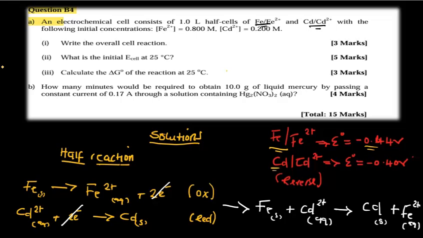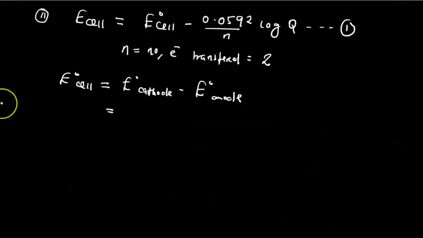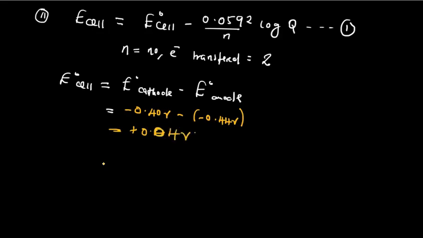So the standard potential for reduction, which is the cathode, is negative 0.40 V minus negative 0.44 V. So when we add, we are expected to get positive 0.04 volts. So this is our Ecell at standard temperature and pressure.